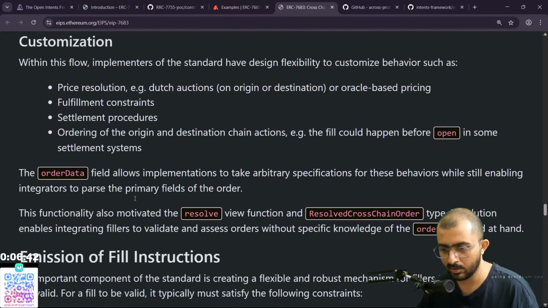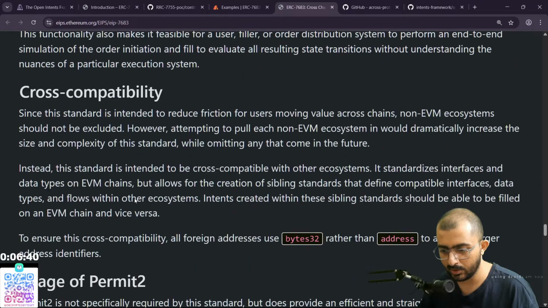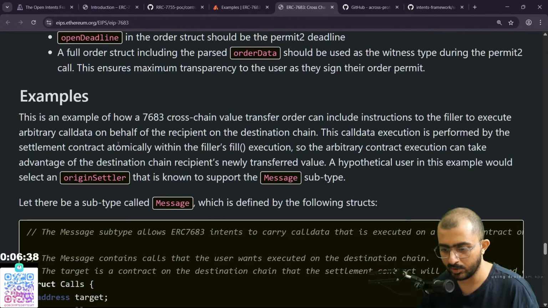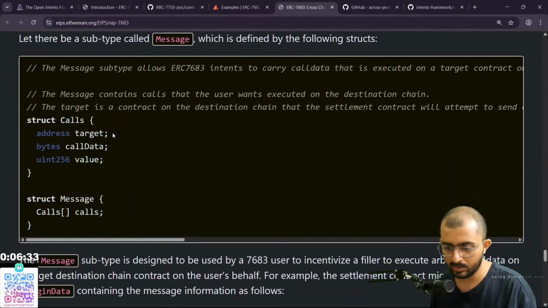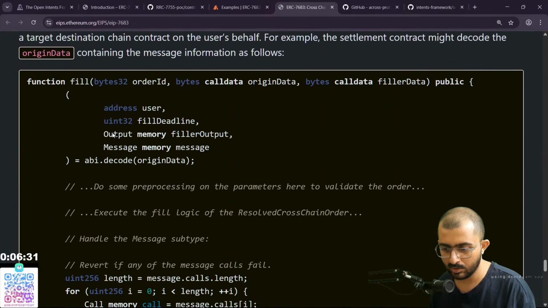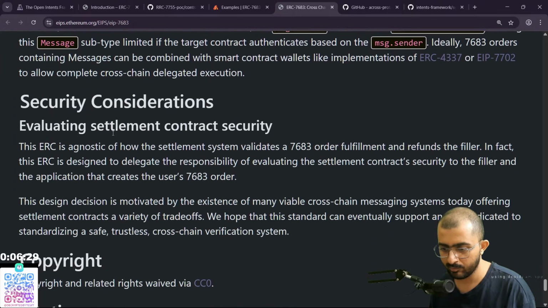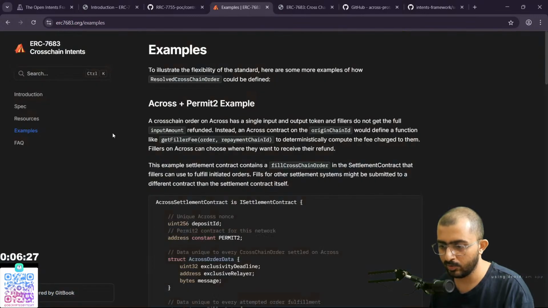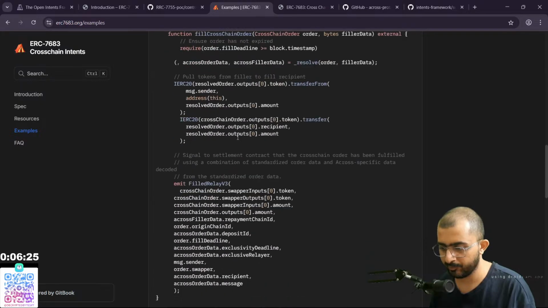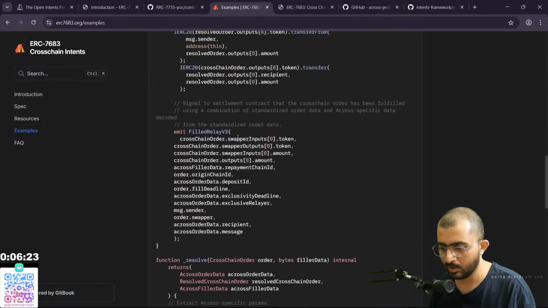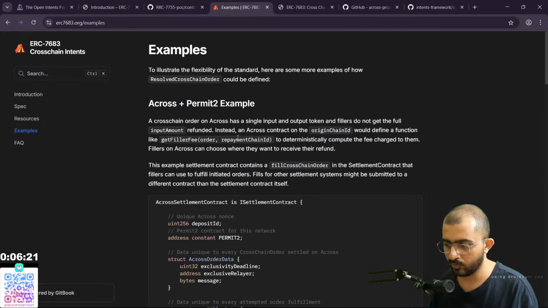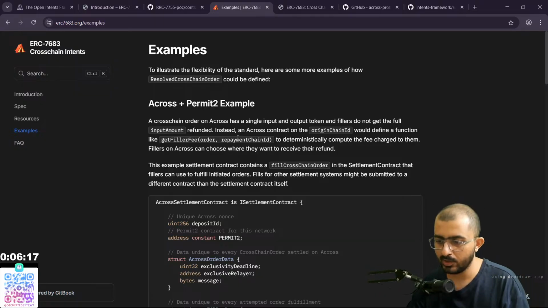What's next? I wanted to check examples. Yeah, this is an example. Can we go in this? Yes. Oh, it's a full-on example.